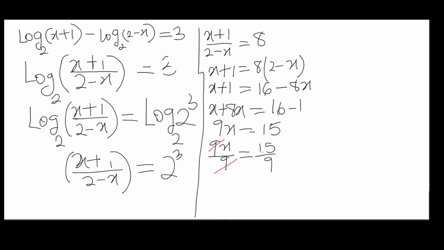But from here, 3 can divide both 15 and 9. So 3 in 15 is 5, and 3 in 9 is 3. So x equals 5 over 3. So this is the final answer of x that we are being asked to find.